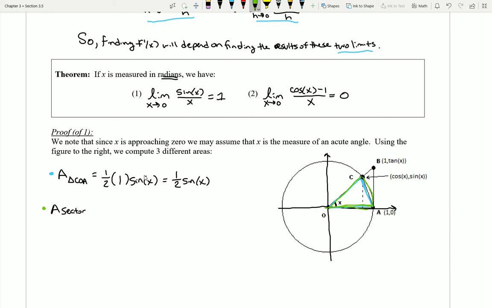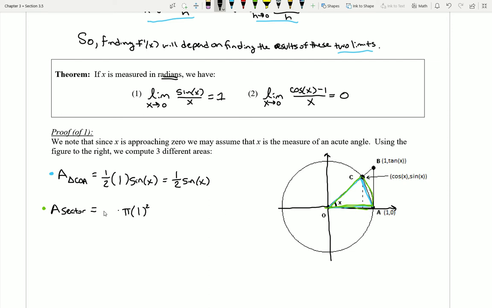Now I have to remember how I get the area for a sector of a circle. Really, I would be doing the area formula for a whole circle, and then just doing a certain percentage of it. So notice here that the area of the entire circle that I would have here would be represented by pi r squared. But since this is a unit circle, the radius is 1. Now I just want a percentage. I want only a slice of that circle. I want this slice.